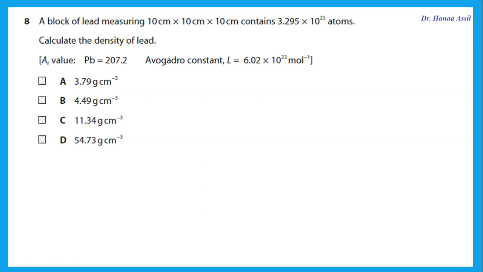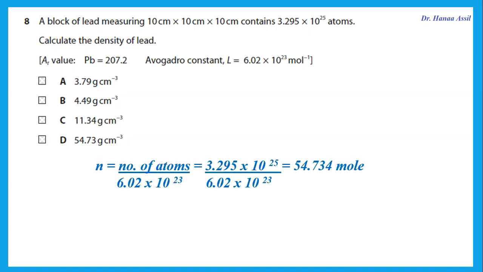A block of lead measuring this contains 3.295 times 10 to the 25 atoms. Calculate the density. Well, you should know density is mass over volume, so we want mass. The number of moles is the number of atoms over Avogadro constant. So we're given the number of atoms, and that means we have 54.734 mole. Now, from the number of moles, I can get the mass.